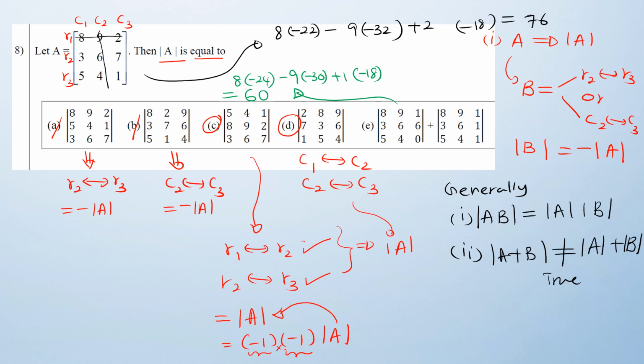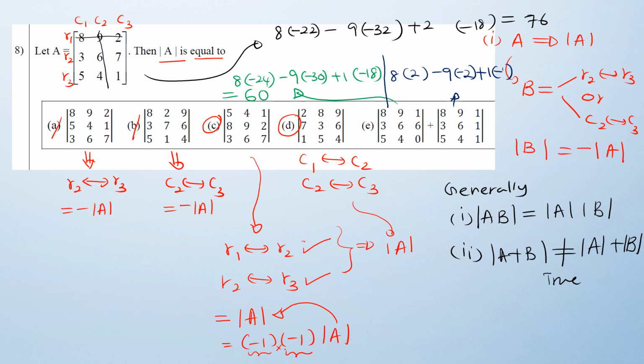And again, we have to find the determinant of this matrix, that is equal to 8 into its minor minus 9 into its minor plus 1 into its minor. Minor of 8 is, by neglecting the first row and the first column, 2. By neglecting the first row and the second column, we have minus 2.